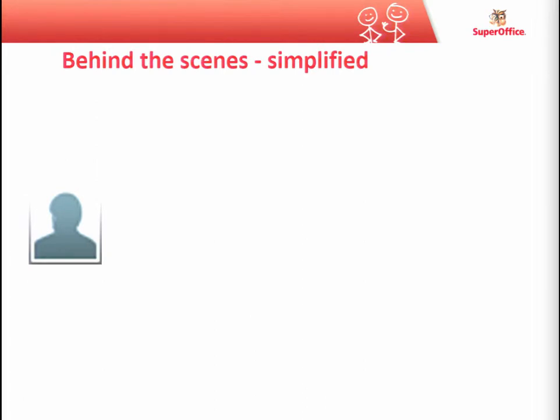Okay, I'm just going to talk a little bit about what happens behind the scenes, because what you see is quite simplified. You never get to see all the complex architecture that is behind being allowed to upload some documents to the cloud. A user typically uses one or multiple browsers such as Firefox, Safari, IE, and so on.